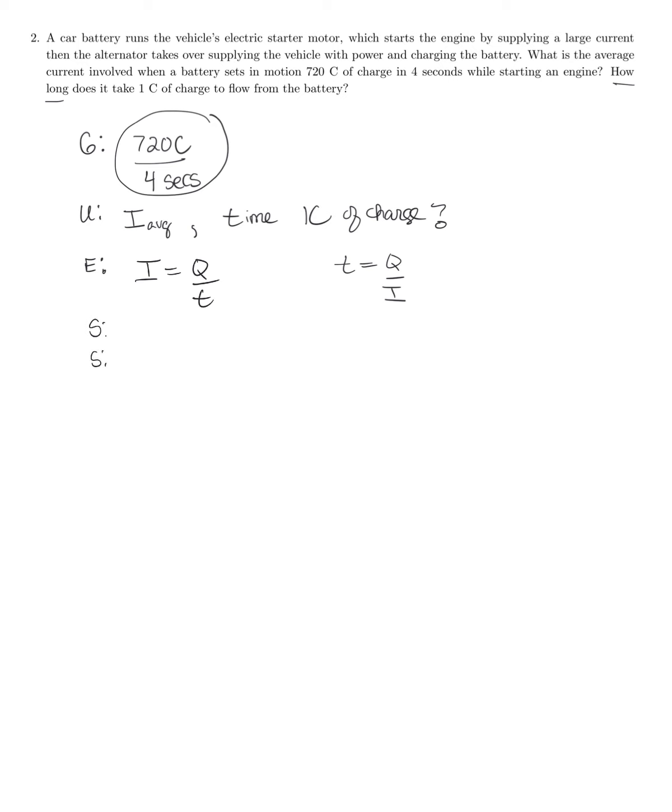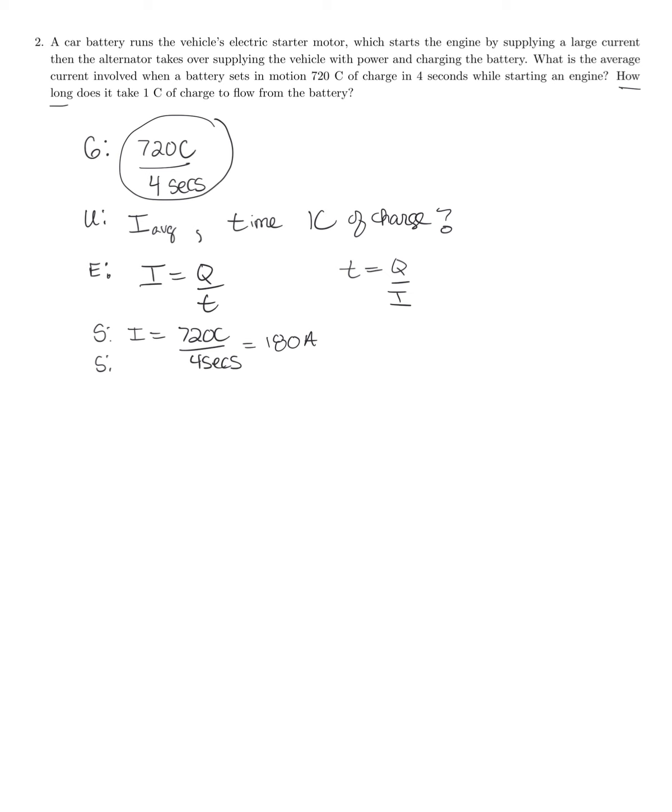So what we can do here is to find our average current, we say 720 coulombs divided by 4 seconds, and that's going to give us what our current is, which we're going to need for the next part of our problem. So 720 divided by 4 is 180. So 180 amps. And now we want to know how long does it take for 1 coulomb of charge to flow.